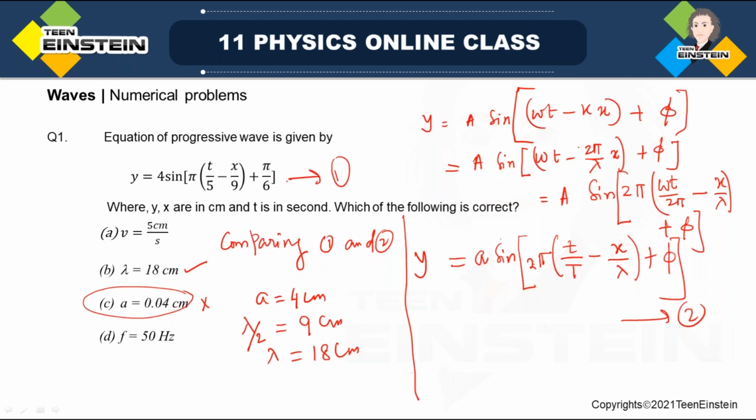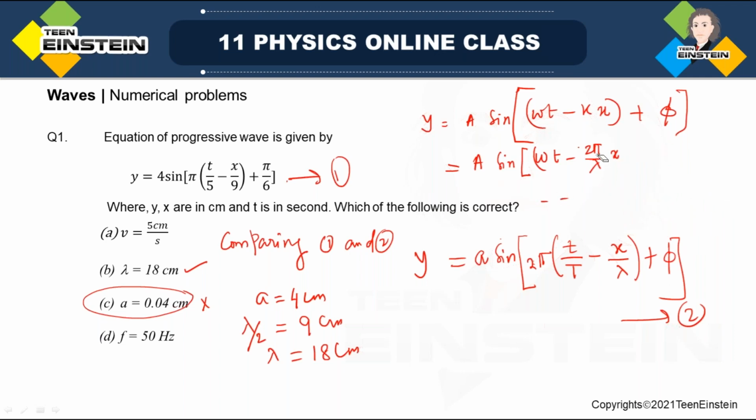And what else is wrong? Let us see. So we have found out lambda to be 18 centimeter. Okay, we can just remove this part so that we can do some calculations if required.